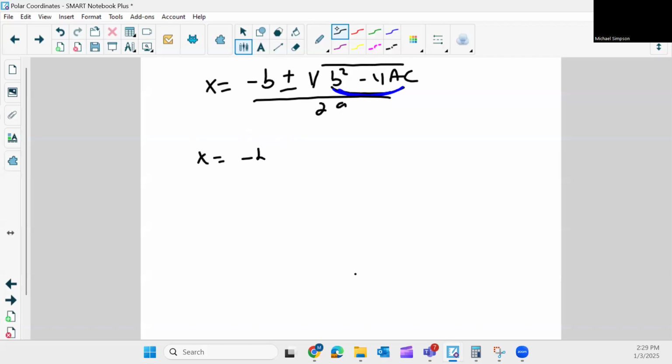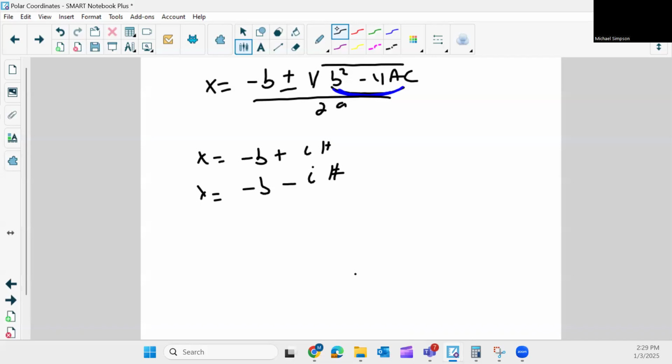x is equal to minus b plus the imaginary number, whatever that is, and x is equal to minus b minus the imaginary number.